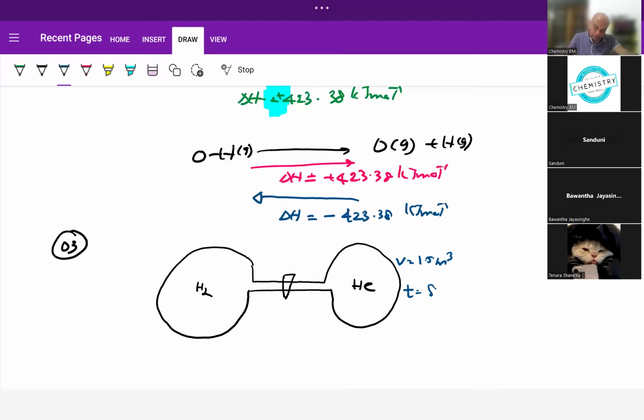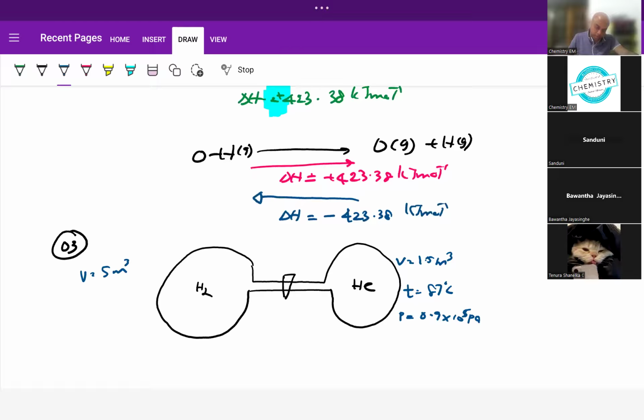Temperature is 87 and pressure is 0.9 into 10 to the power 5 pascals. This is volume 5 cubic meters. Sorry, 5 cubic meters, not centimeters.